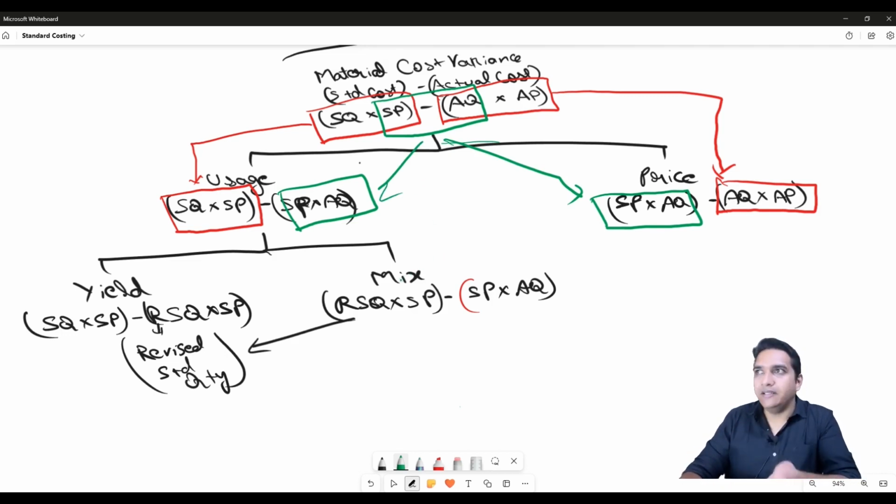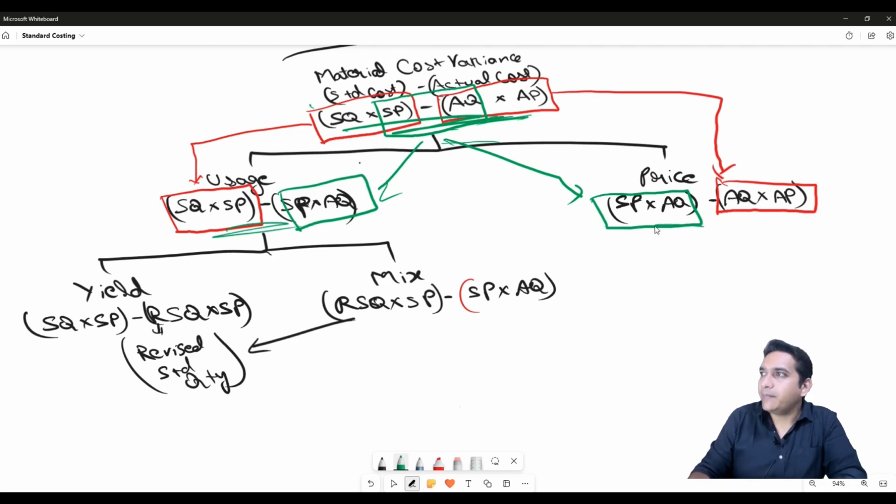It's very simple. If you remember the formula for standard cost and actual cost, you can derive the next level formulas, that is the formulas for usage and price. If you remember these, it is only a matter of filling the blanks.